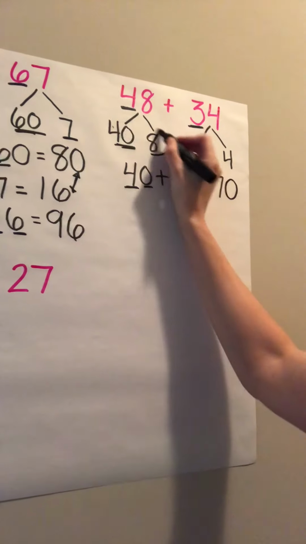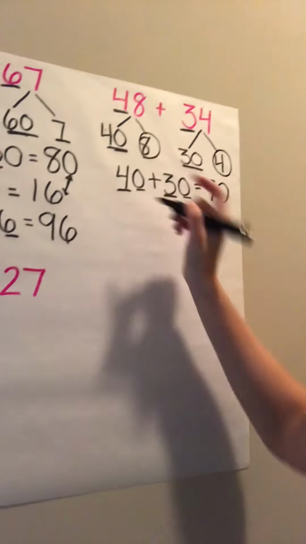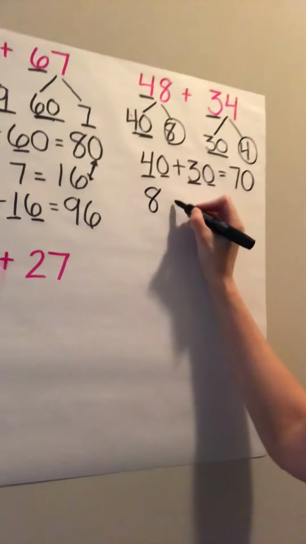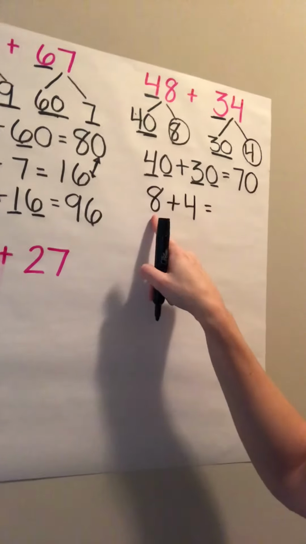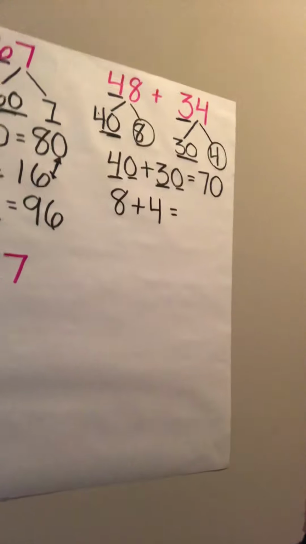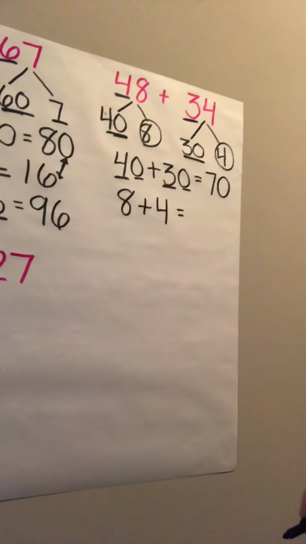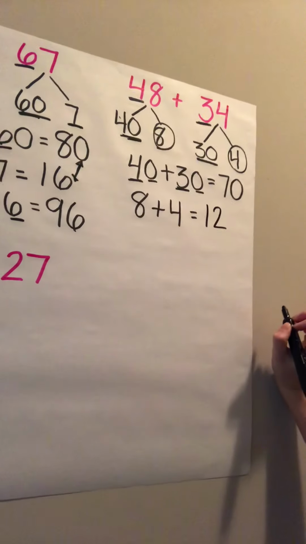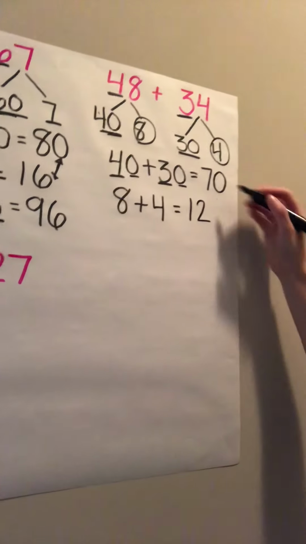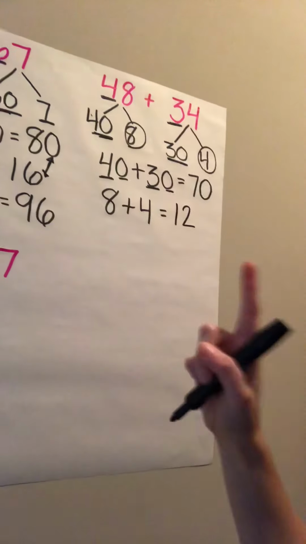Now we need to do our ones. So we have our 8 and our 4, so 8 plus 4 equals, so start at your bigger number 8, go up 4 more, what do you get to? Right, 12. Are we finished yet? No, because we have two answers, 70 and 12. When we're adding, we should only have one answer.